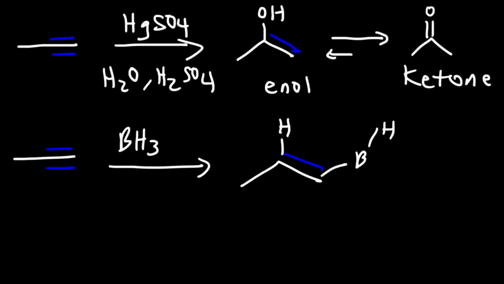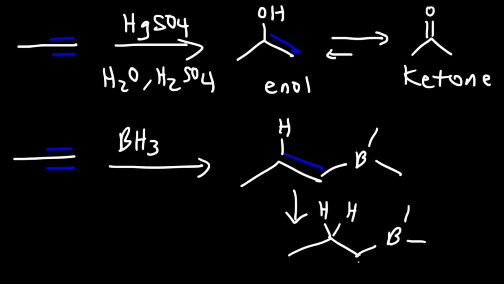So I won't put the hydrogen there. So I'm going to leave it like this. Now this could react with another borane molecule, turn it into an alkane. And so you get a lot of side products here if you use BH3 with a terminal alkyne.